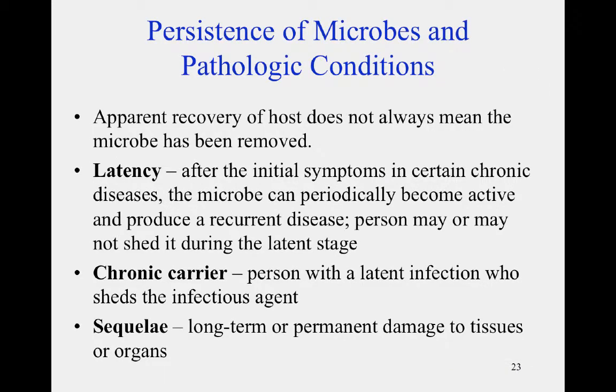Now, some pathogens will behave in a latent manner. This involves lying hidden, basically, within the host, and this can result in future outbreaks. So, for example, herpes, HSV1 and HSV2, which are the causative agents of oral and genital herpes, respectively.